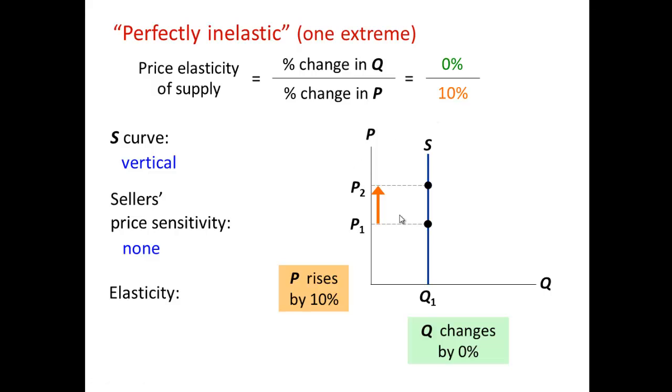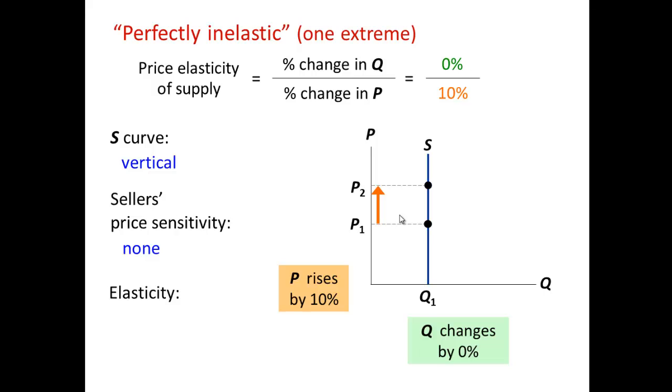There are realistic examples of perfectly inelastic. When you look at venues, whether it's a movie theater or a concert hall or a theater, they have a set number of seats. So no matter what they sell the tickets for, they only have X number of seats. If we're looking at the Fox Theater or Madison Square Garden or the Omen Arena or the Nokia Center, doesn't matter what the venue is, they have a set number of seats.